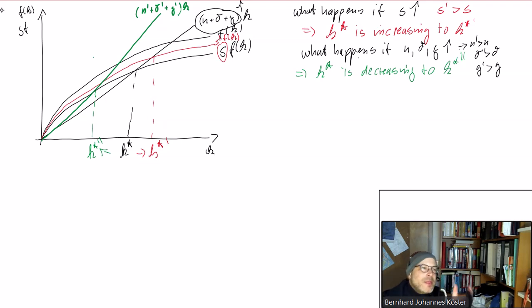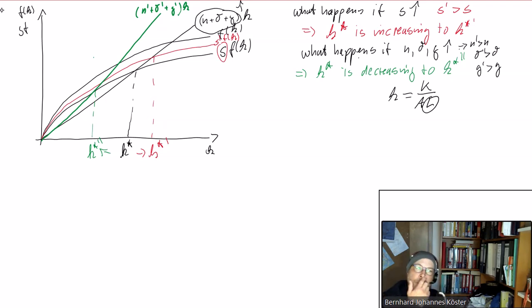Well, what does this mean? Especially if n, so if we have a larger population, then since we are calculating here, remember, k is K over AL.